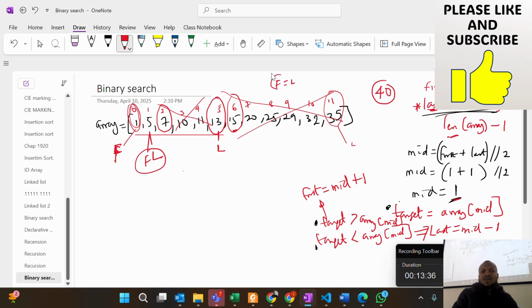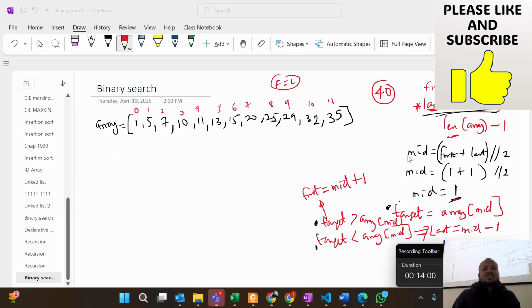Last, isn't it? That was where we stopped searching. That means we are done searching the array, whether the value is found or not. Once first is equal to last, that means we've combed all through the array. Is that understood? Now let's search for 40 and see what that will give to us. Now let me clean all this to make my work easy.